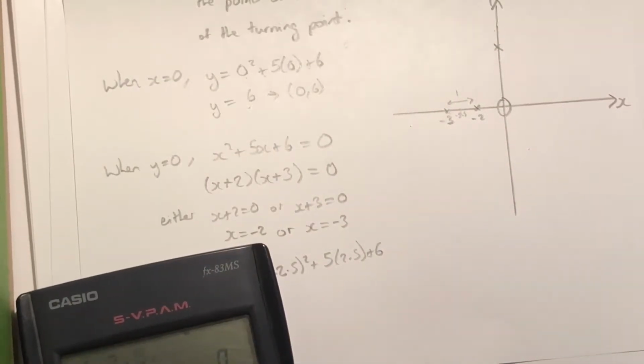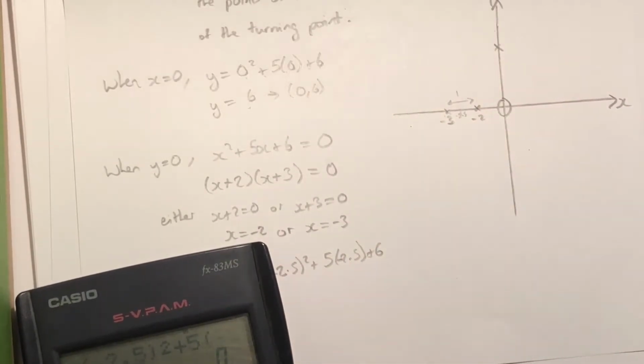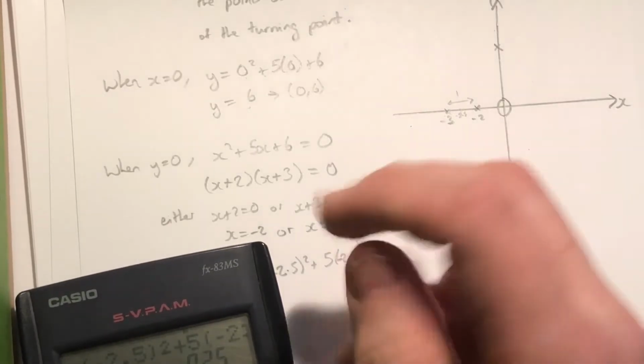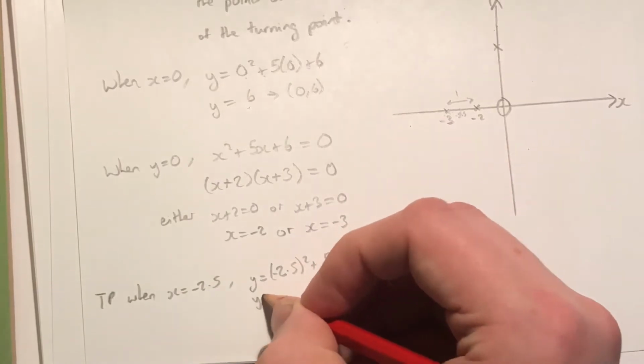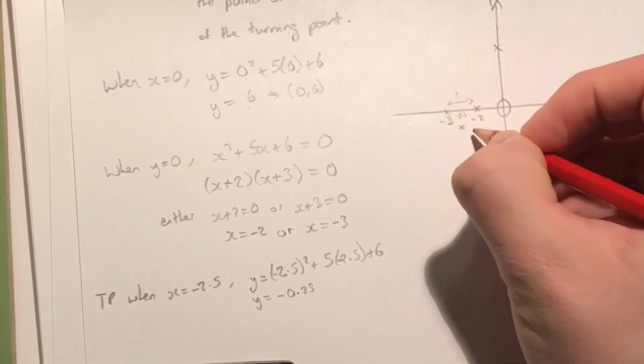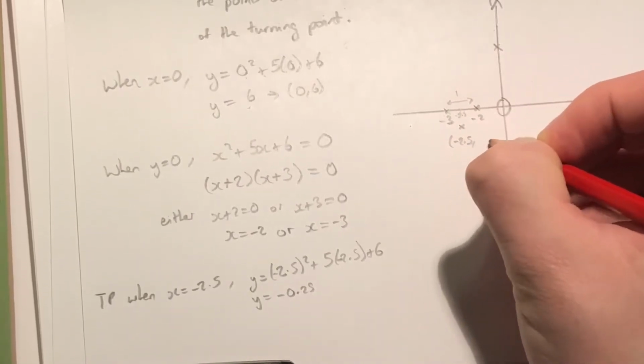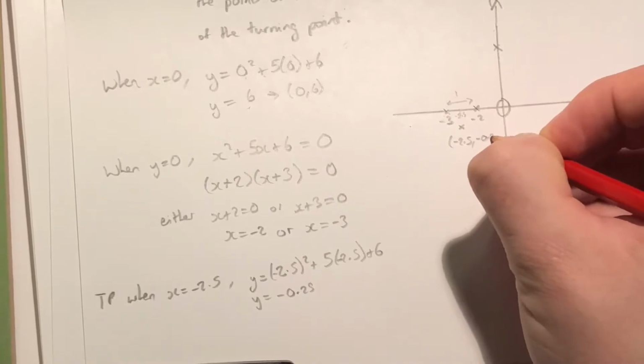That gives us negative 0.25, so that would be a point round about there. So just X marks the spot. We've got negative 2.5, negative 0.25.